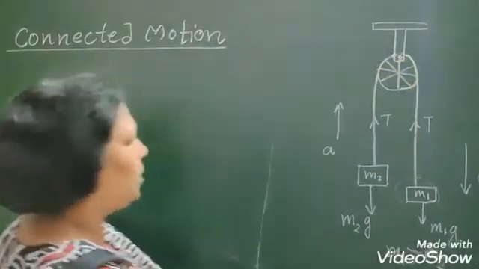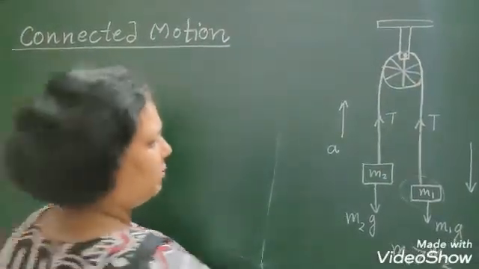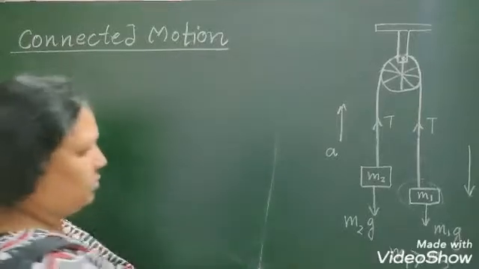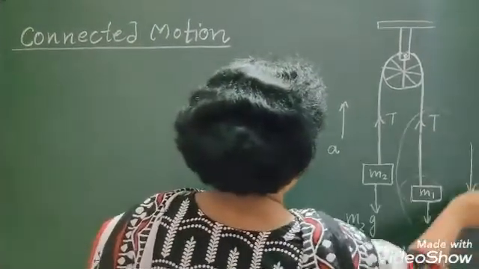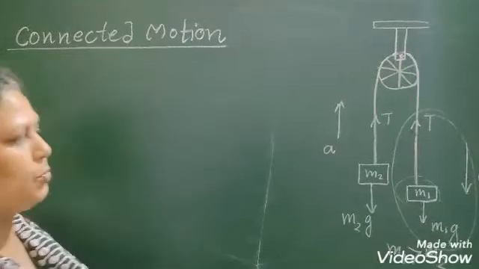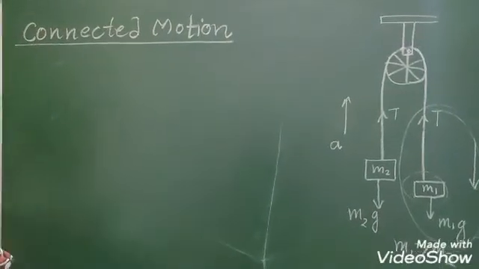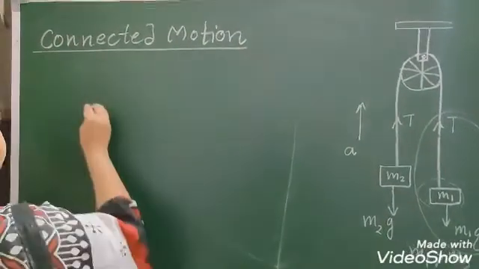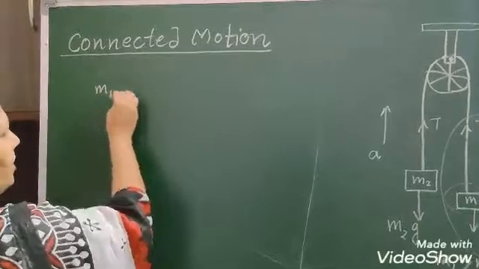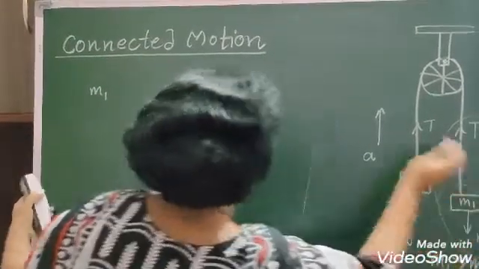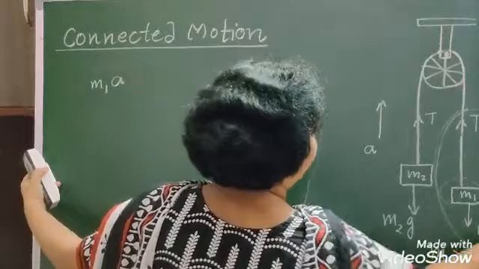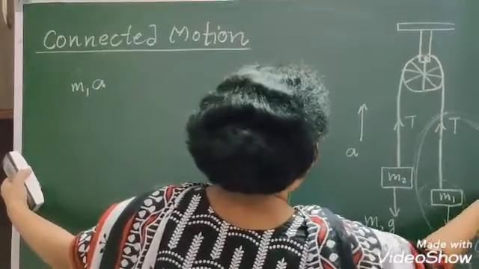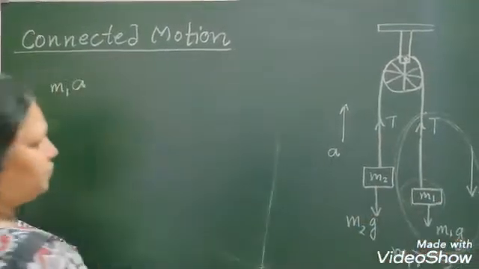Now we'll see the acceleration produced here. To produce this acceleration in this part, the net force produced on this body is m1a.